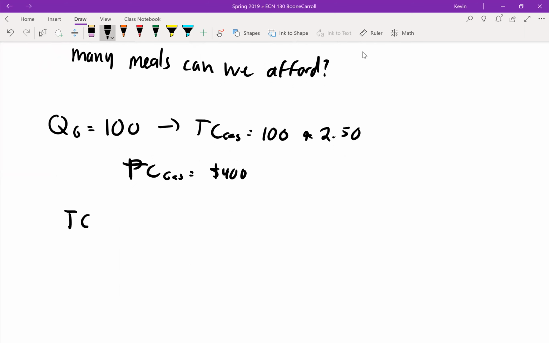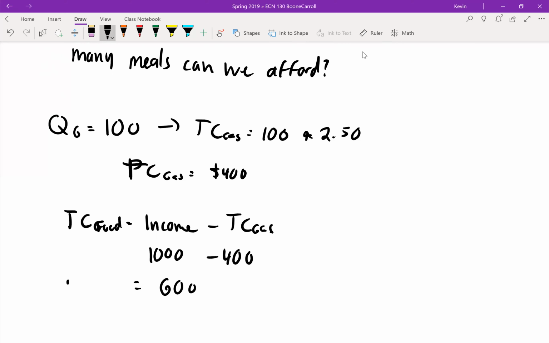This means our total cost of food now will be equal to our income minus what we spent on gas. So this gives us 1,000 minus 400, and this comes out to 600 as our total cost of food.